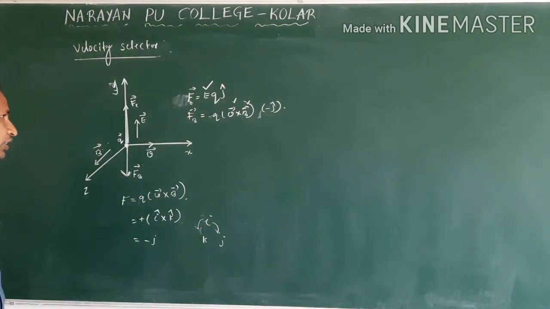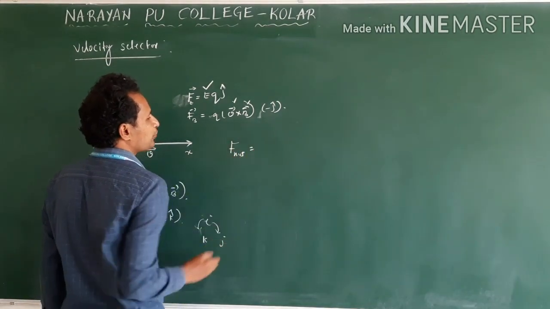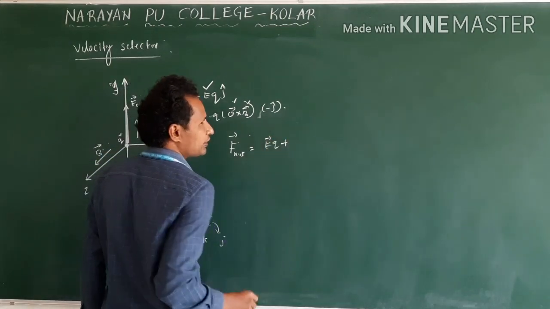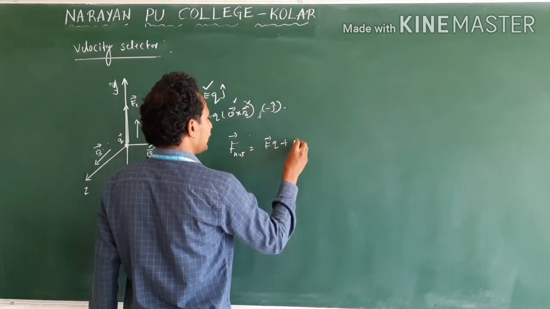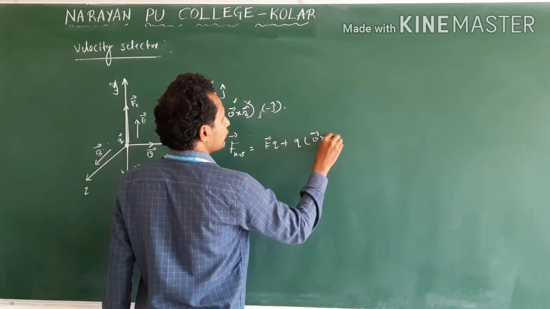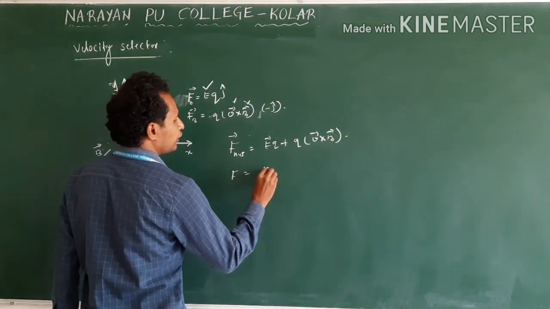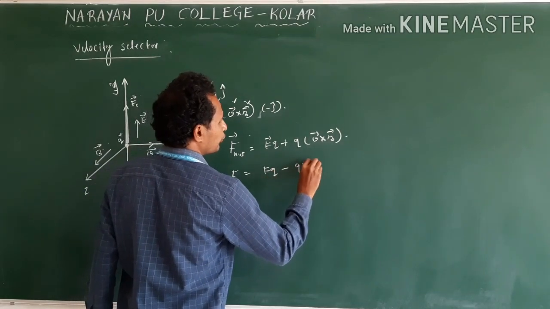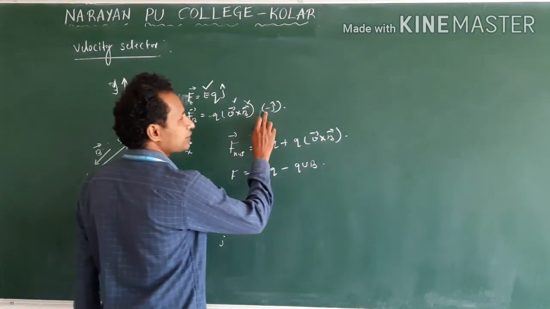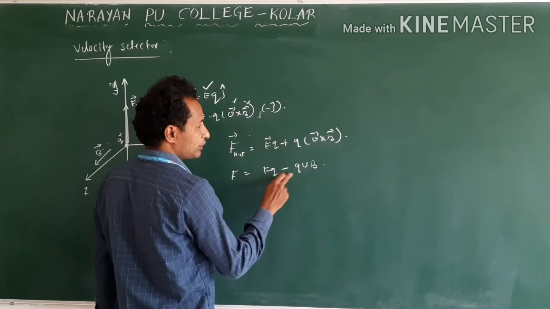If you follow the Lorentz force formula, the net force F on the charged particle will be EQ plus Q V cross B. If you write only magnitudes, EQ minus QVB. Clear? Because the minus sign is the direction I already gave, I am assigning it here.